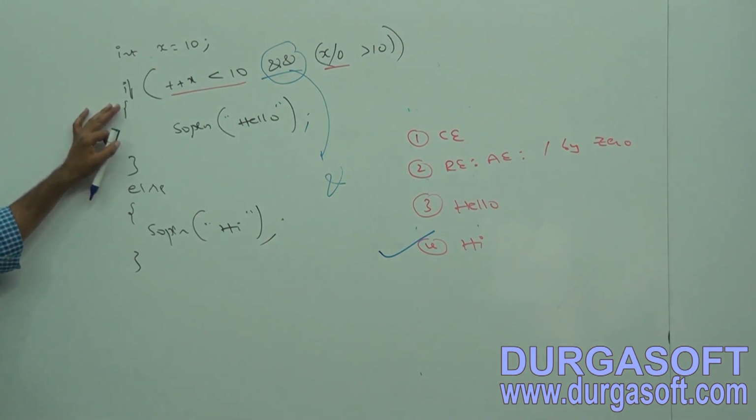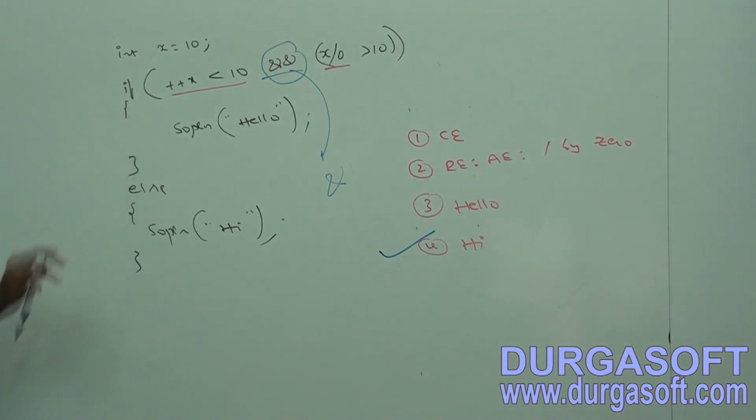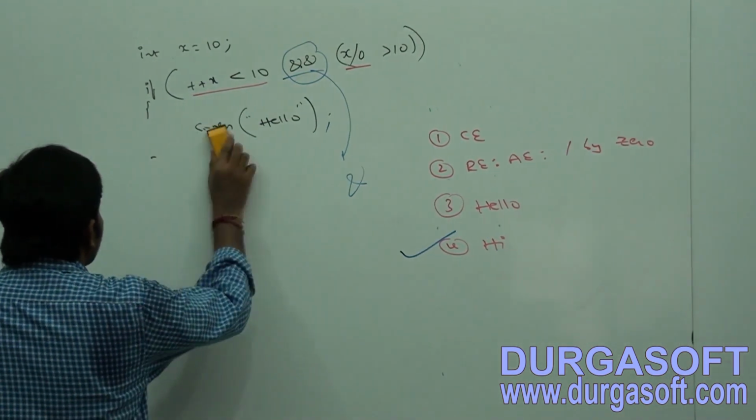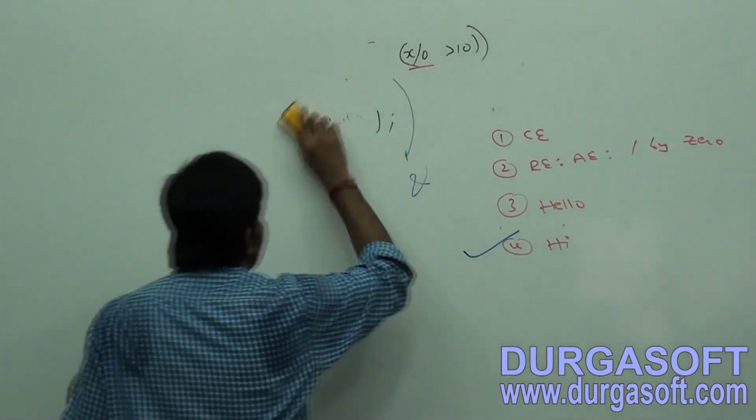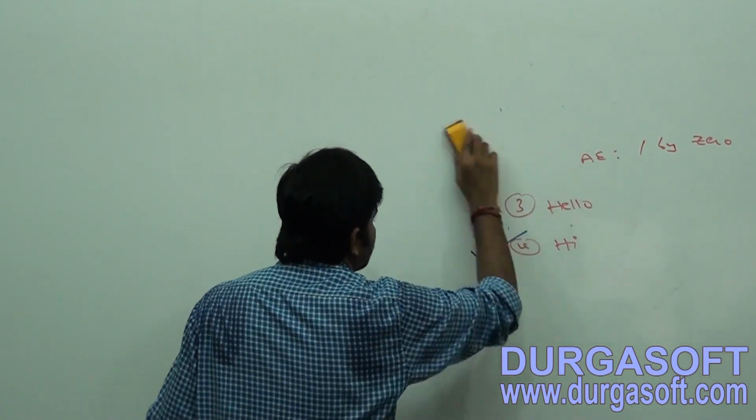That's all. Completed, right? There ends short circuit operators. These are the only possibilities we have related to short circuit operators.